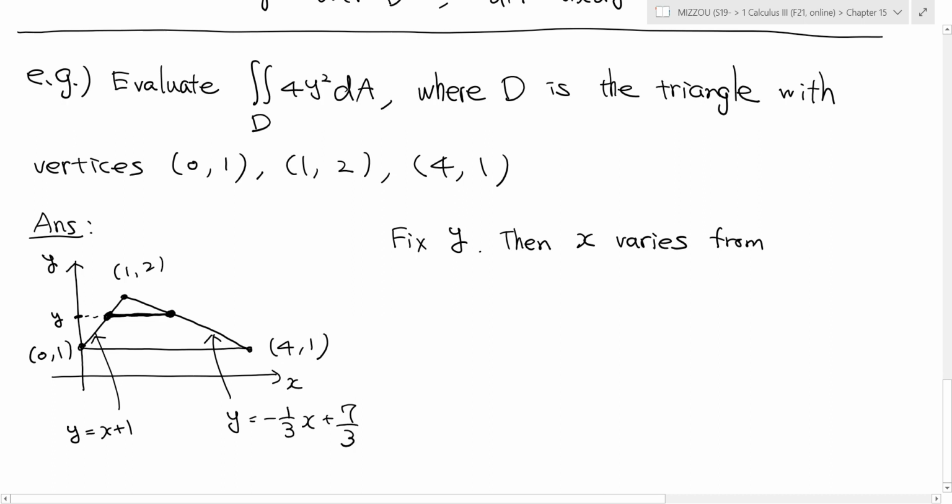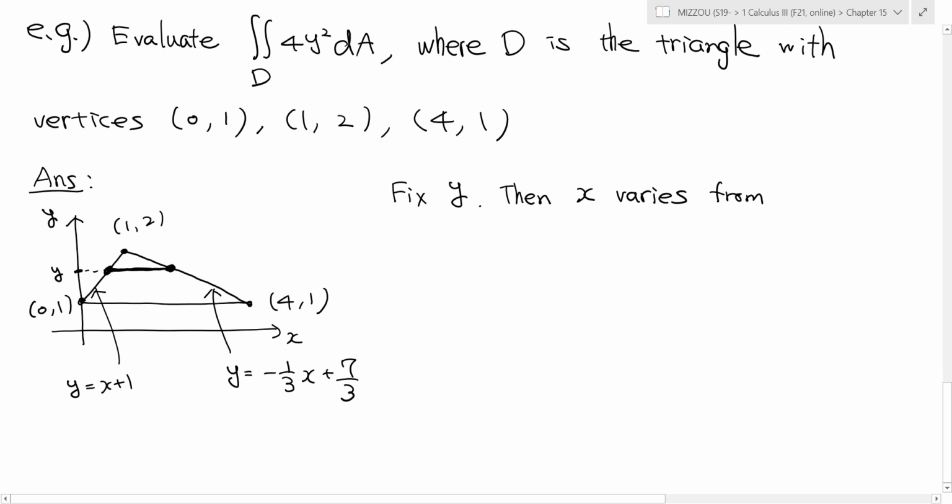This is your exercise, to understand why this equation is like this. Now we want to find the x value, so you have to solve this for x. X is y minus 1 in this case. And if you solve the other for x, you get x equals negative 3y plus 7. So that means your x varies from y minus 1 to negative 3y plus 7.